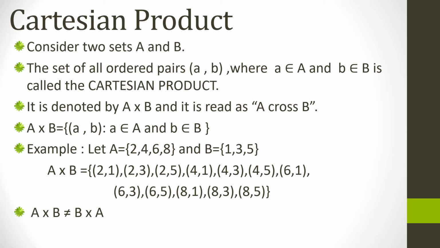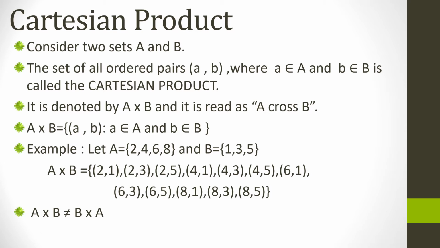Let us take one example. Let A be one set and B be a second set. Set A contains the elements 2, 4, 6 and 8, and B contains the three elements 1, 3 and 5. How to calculate the Cartesian product? First, you write A cross B is equal to, in curly brackets. Now we take the first element from set A and form an ordered pair with all elements from the second set.